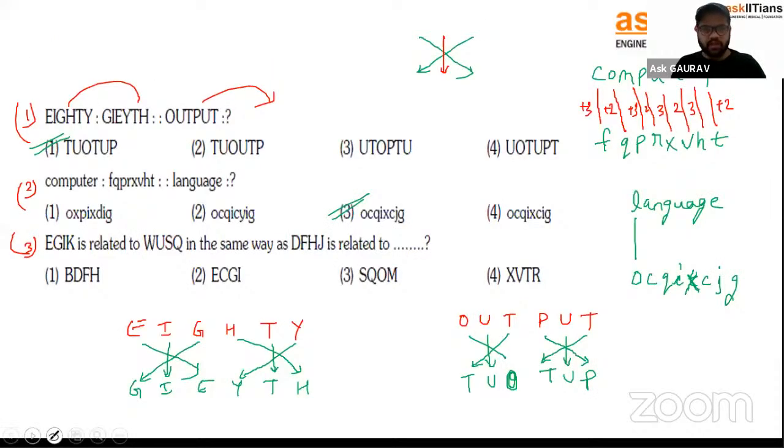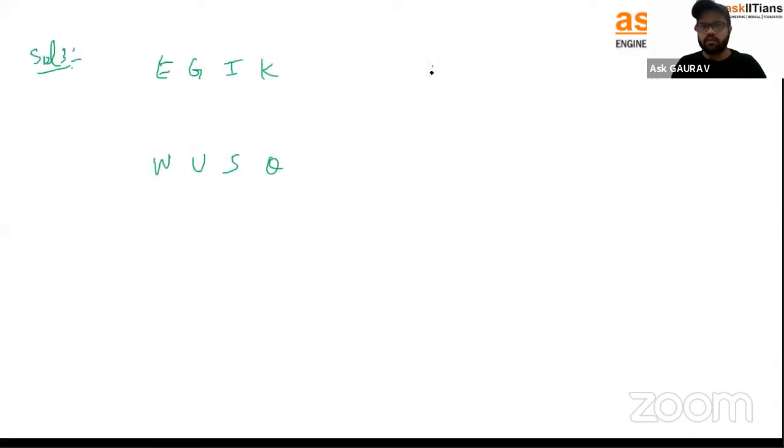You have to identify the corresponding letters for DFHJ.